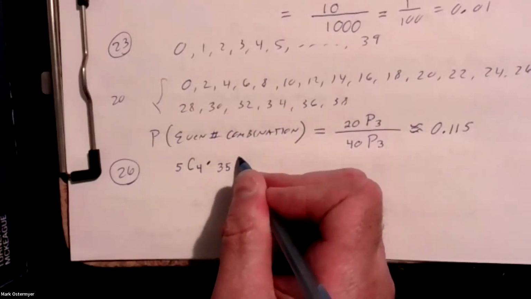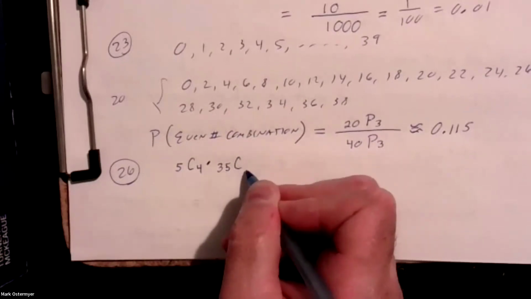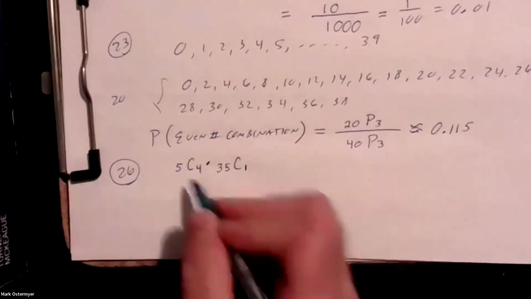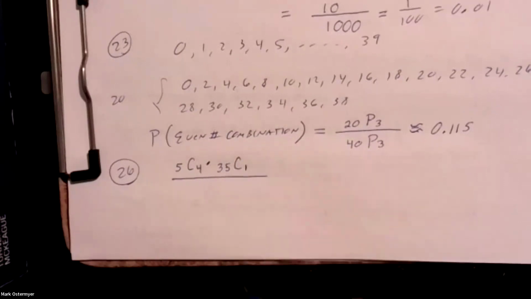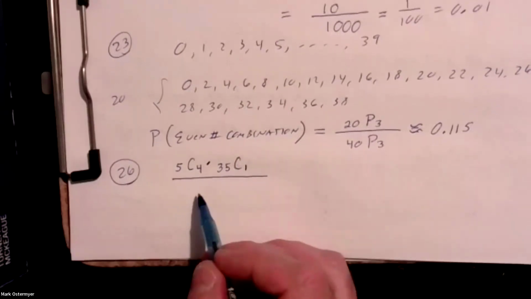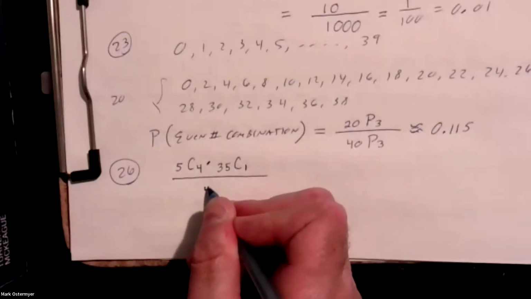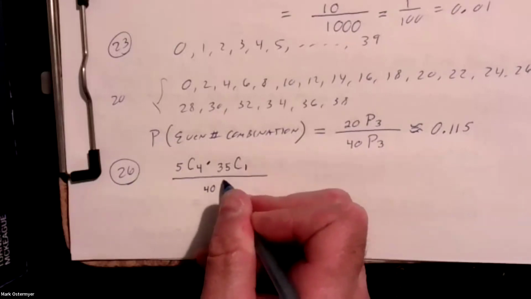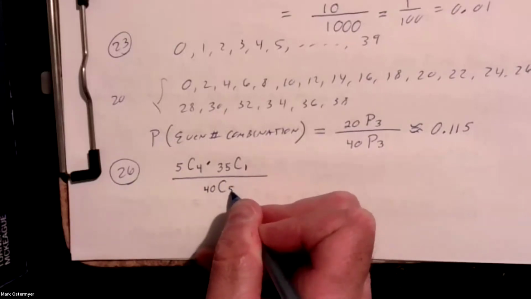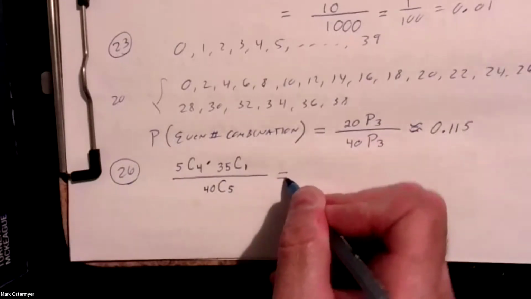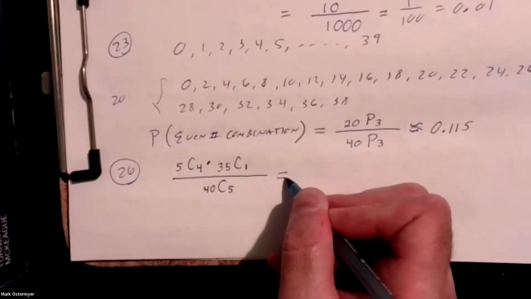How many ways can I choose 1 of the 35 losing numbers if order doesn't matter? That'd be 35 choose 1. Divided by how many ways I can choose 5 numbers from the 40 numbers available, if order doesn't matter. Compute this probability.